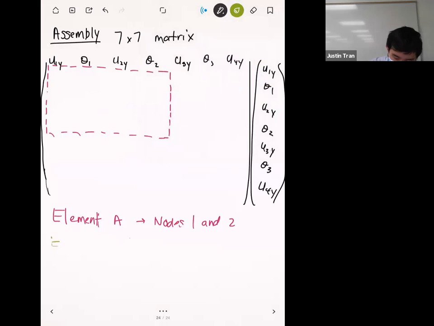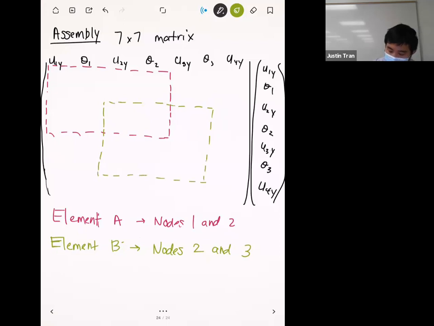Element B is nodes 2 and 3. Okay. And so that's going to be just like this. Okay.